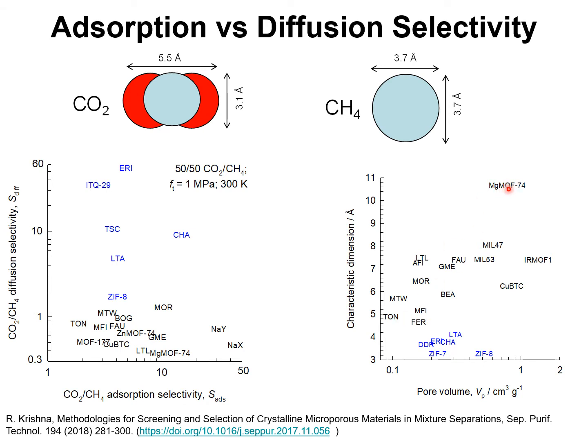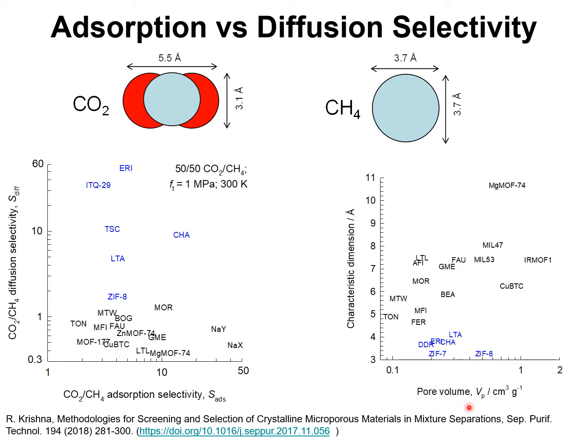Say the largest one is magnesium MOF-74 that has channels of 11 angstrom in size. Copper BTC, IRMOF-1 are large open structures that have large pore dimensions. MFI, typically 5.5 angstrom, is here.